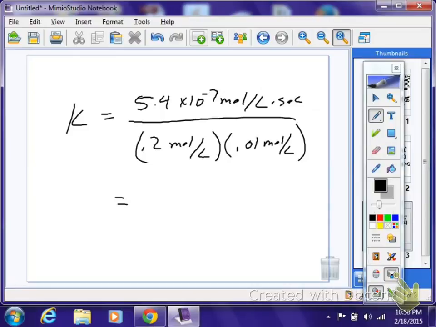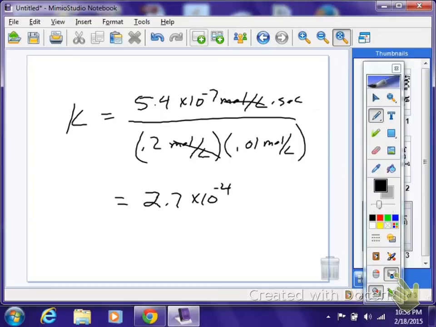What you get is a value that's 2.7 times 10 to the minus fourth. So what are your units? Well, it's pretty important for us to get the units right. Since on the top we have moles per liter, we can cancel that out against one of our moles per liter.